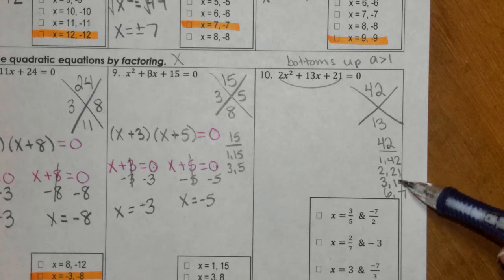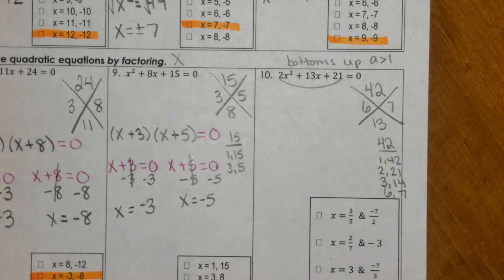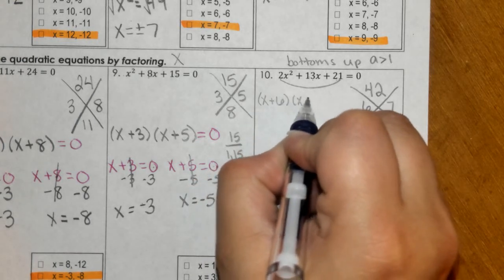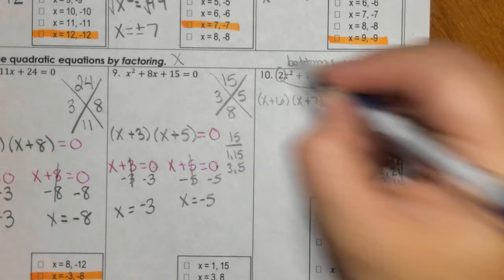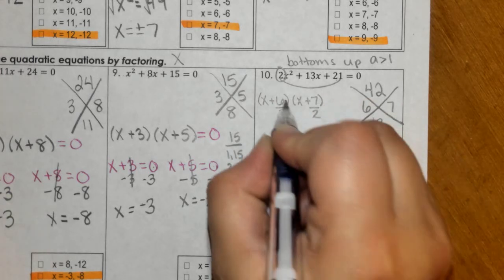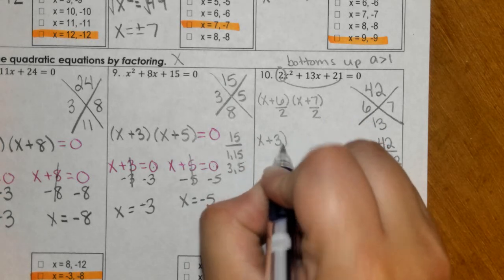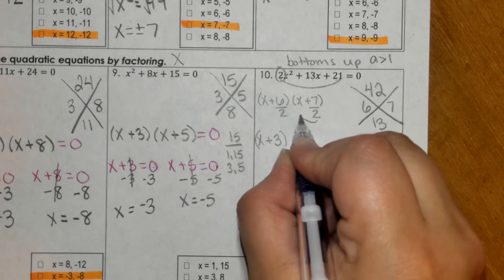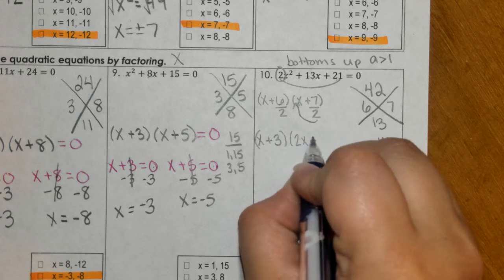So the only one that could add to be 13 is 6 and 7. So I write it in factored form. Because it's bottoms up, I have to divide by that first number, 2. So here, this can divide to be 3. This, I can't divide, so I bring the bottom number up in front of the x, so 2x plus 7.